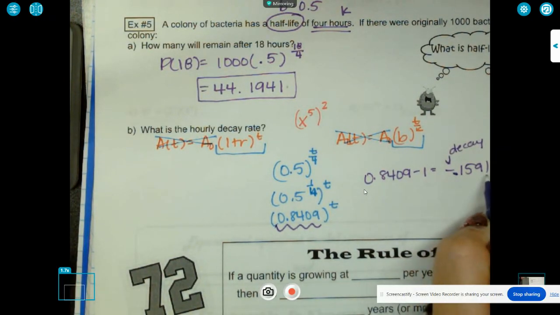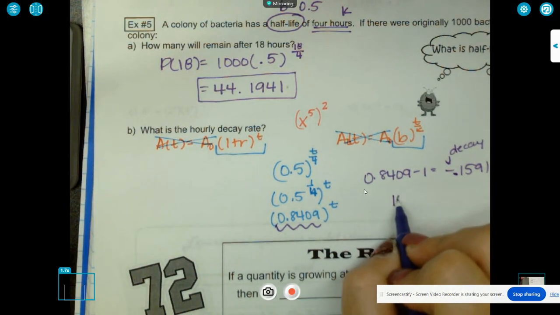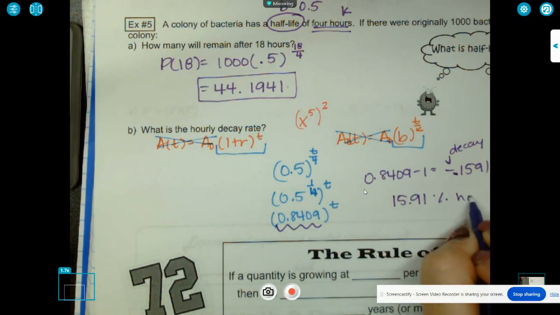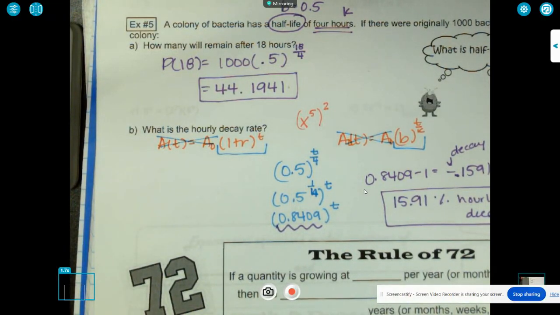So if it's 0.1591, then what is my percent? Close. Leave it like this: 15.91% decay. Hourly decay. Now, had you put 16, I'd probably give you credit, because if you'd have made 0.8409 into 0.84, then you would have gotten 16. All right, we good?